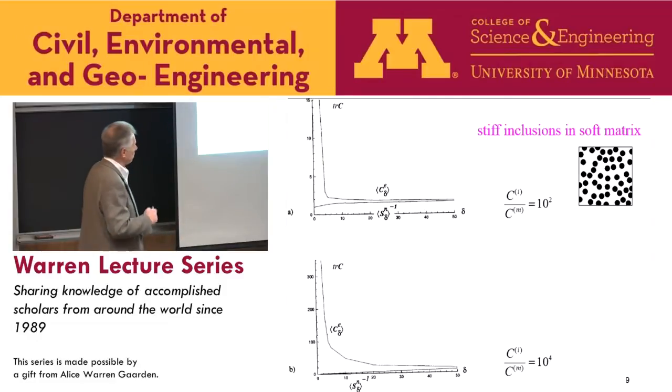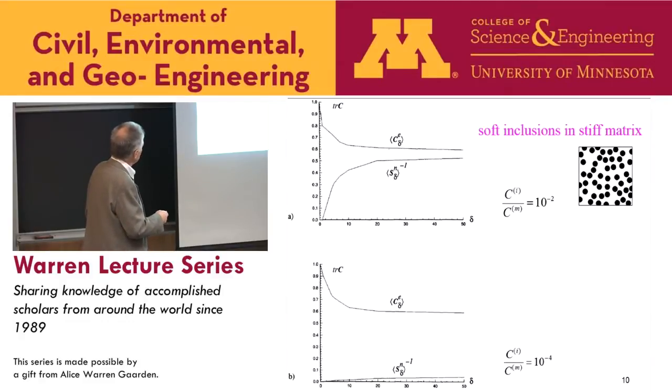And the situation changes if I go from stiff inclusions in a soft matrix to soft inclusions in a stiff matrix. Here's a case of inclusions being 100 times softer. So this is the behavior of Dirichlet. Here's Neumann. And here's 10,000 times softer. And if I go to 10 to the minus 4, then it's almost horizontal, and 10 to the minus 12, 15.